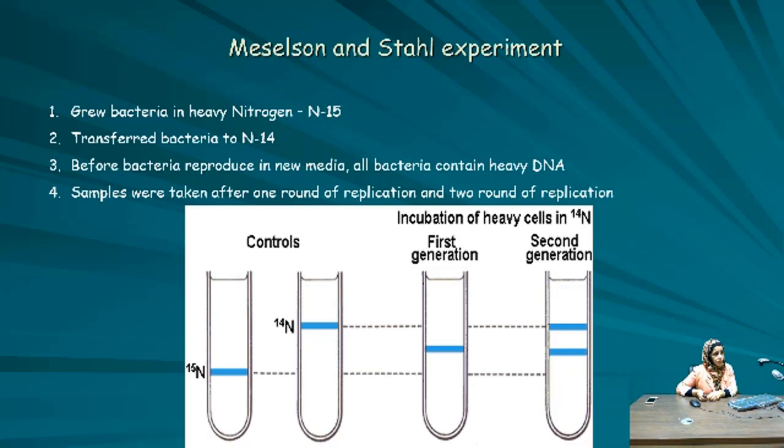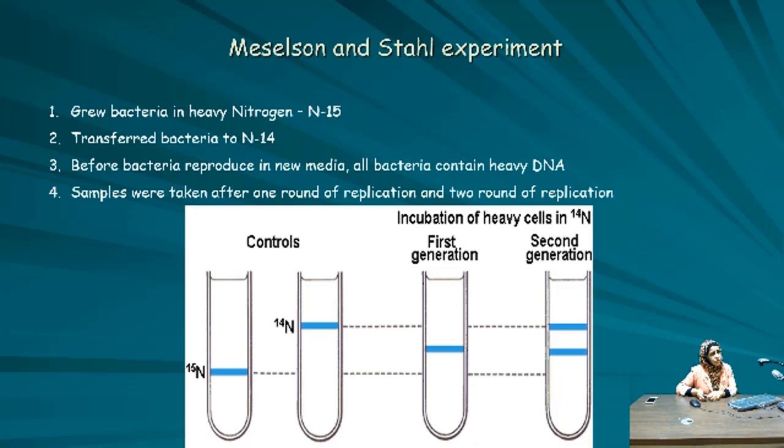In the second tube, transfer the bacteria to the normal nitrogen N14 so that the bacteria reproduce in a new medium. All bacteria contain the heavy DNA, as in the third tube and the fourth tube.